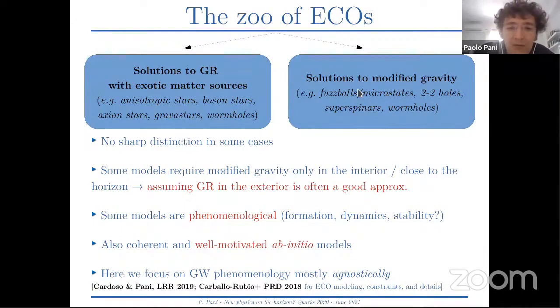And there are many examples. Sometimes the 2 categories actually overlap, so it's not clear whether there is a sharp distinction. For most of my talk, I'll try to be as agnostic as possible, so not focus too much on particular models and try to discuss the phenomenology in general.